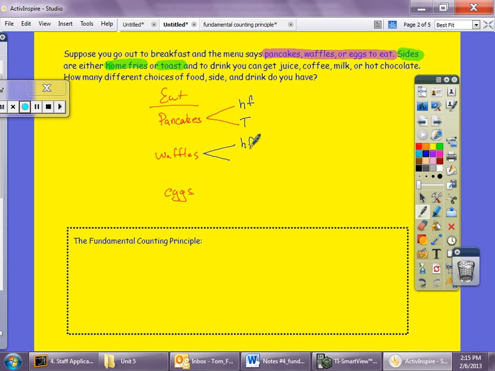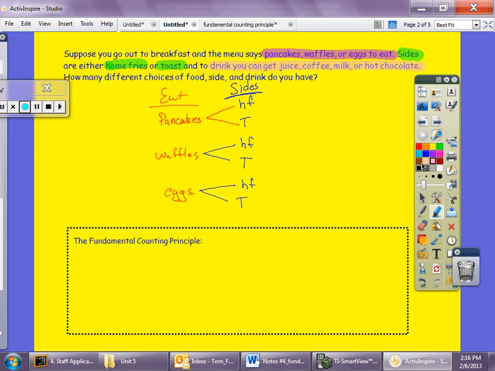I can get home fries or toast, or if someone wanted eggs, they could get home fries or toast. So this is our side. But then they also get a choice of a drink. So we can have juice, coffee, milk, or hot chocolate.